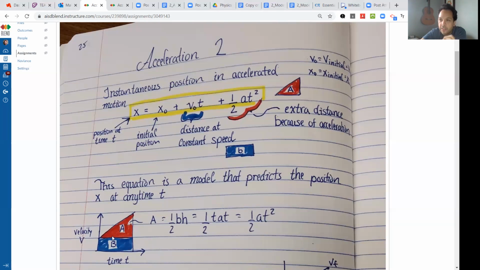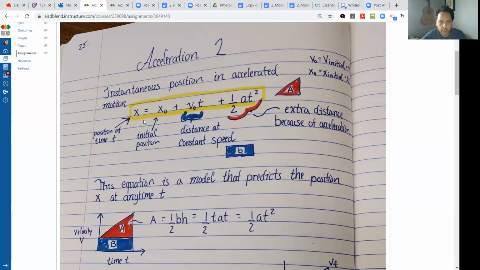So once you have that, then you could go back and make your equation. And so this equation represents this graph, right? So when we put numbers into this equation, we come up with this graph. When we have this graph, we can come up with this equation. It goes both ways, right?